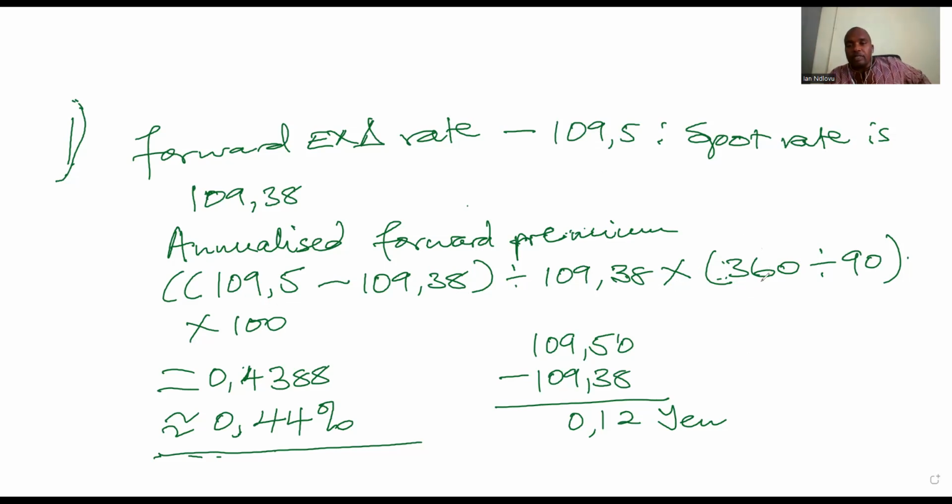In corporate finance, our year is 360 days for purposes of calculations. The 90 is the duration of the forward rate agreement, multiplied by 100, so that we get the annualized forward premium as a percentage. You can cross-check the calculations using your calculator.